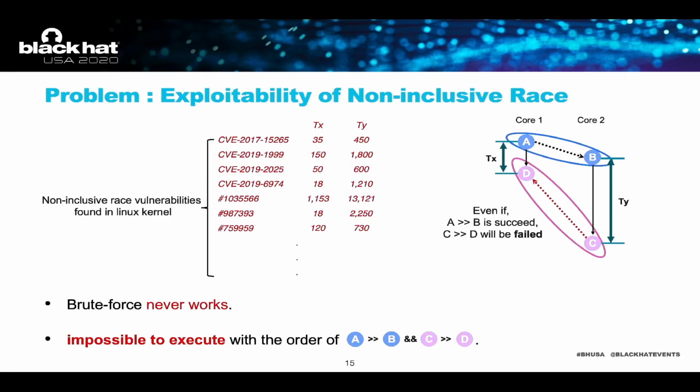Since this kind of vulnerability cannot be triggered by normal brute forcing, it has been difficult to find through fuzzing. In fact, this kind of vulnerability has begun to be discovered only after fuzzers integrate the mechanism that arbitrarily stops the kernel execution.